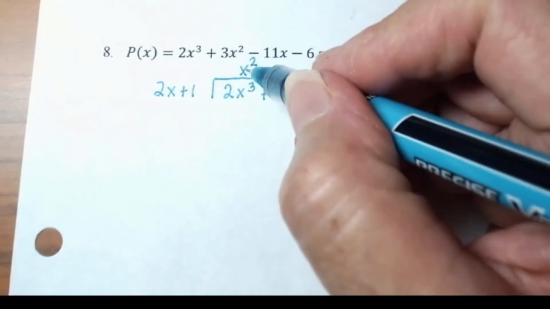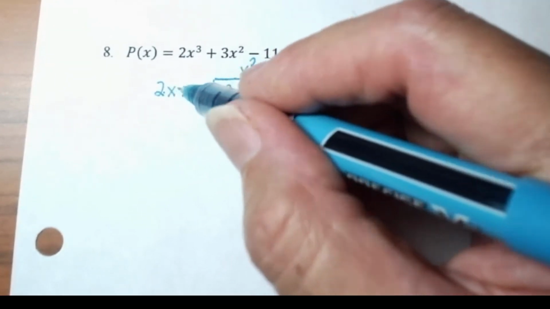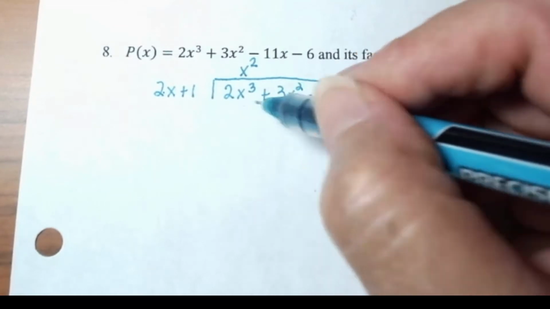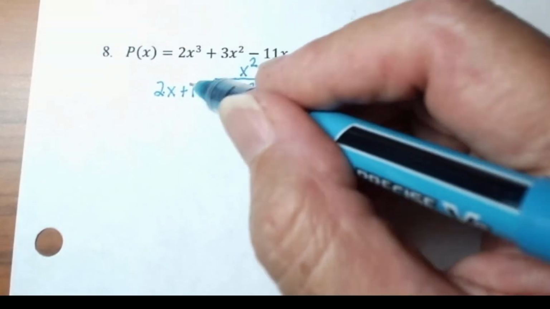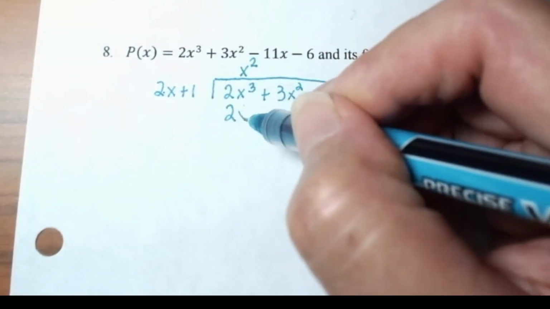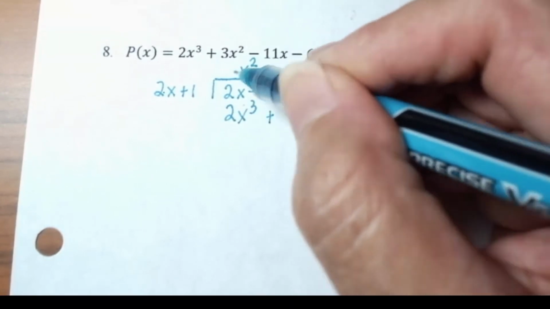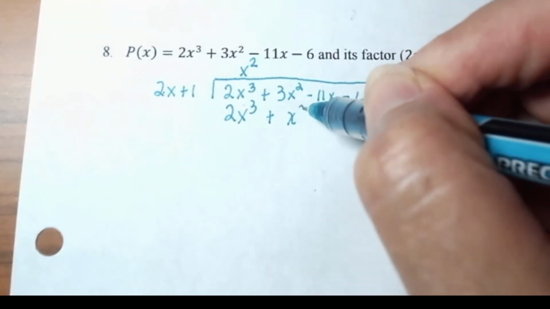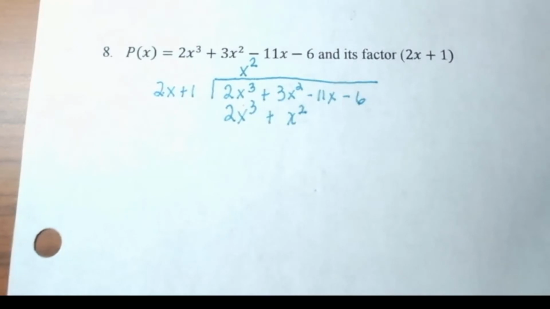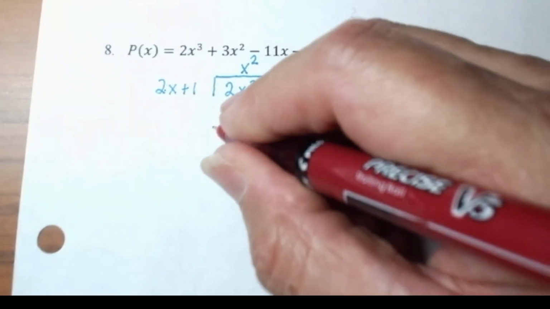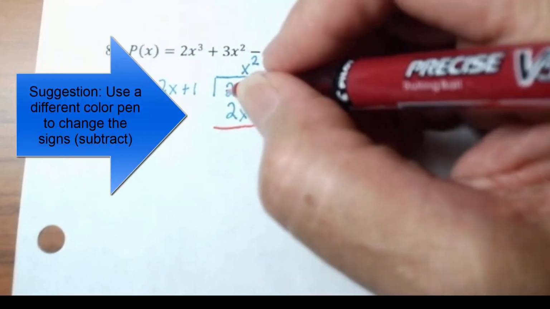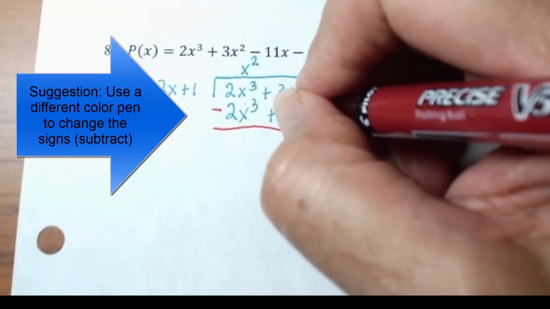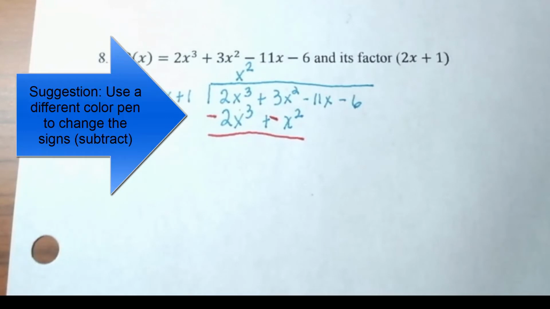So take x squared and multiply times both of these and line them up under each of these terms. That would be 2x cubed plus 1x squared. A lot of my students sometimes forget the next step, which is that we have to subtract. So I always recommend getting a different color and changing these signs. So subtract, subtract.